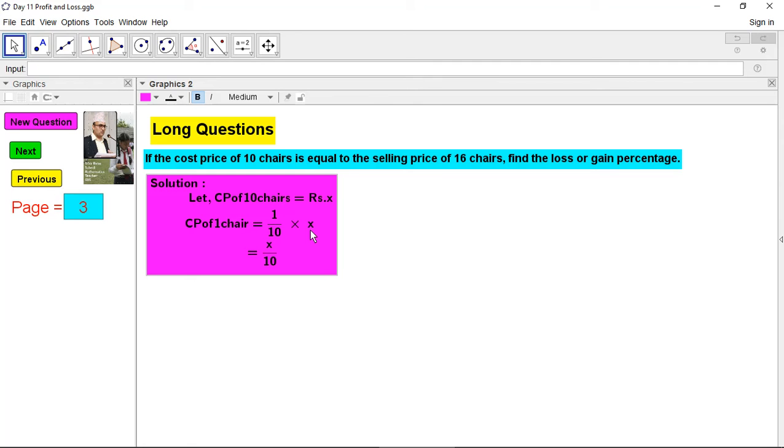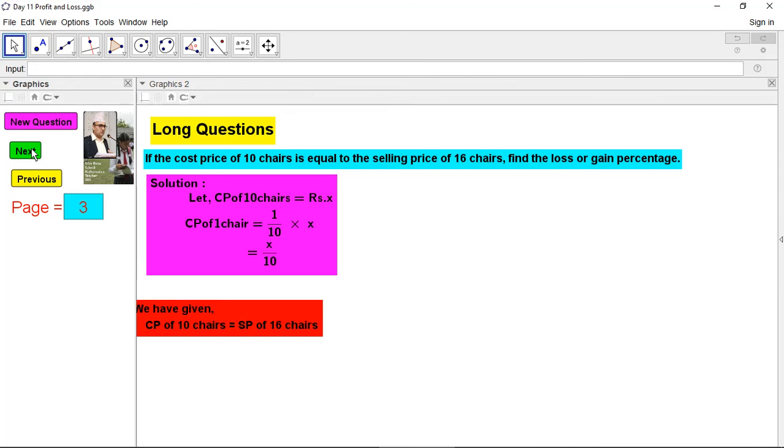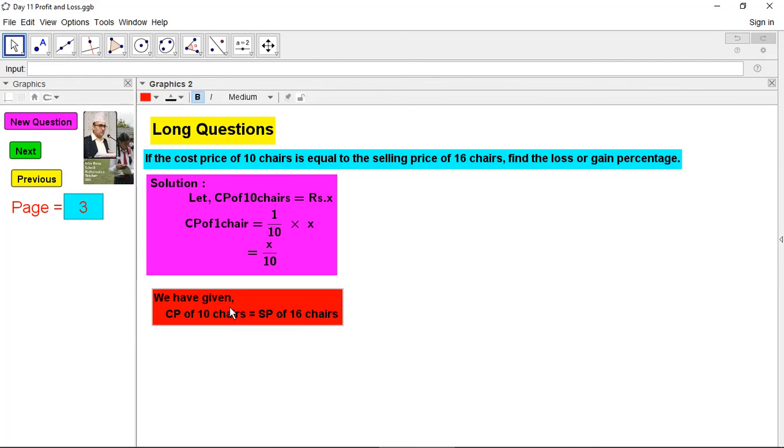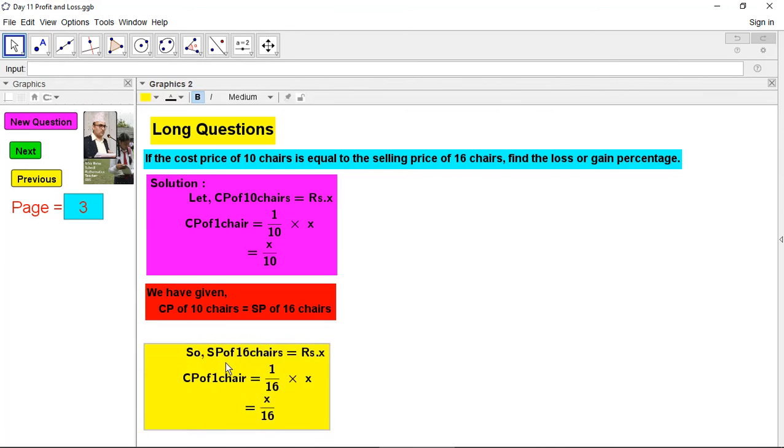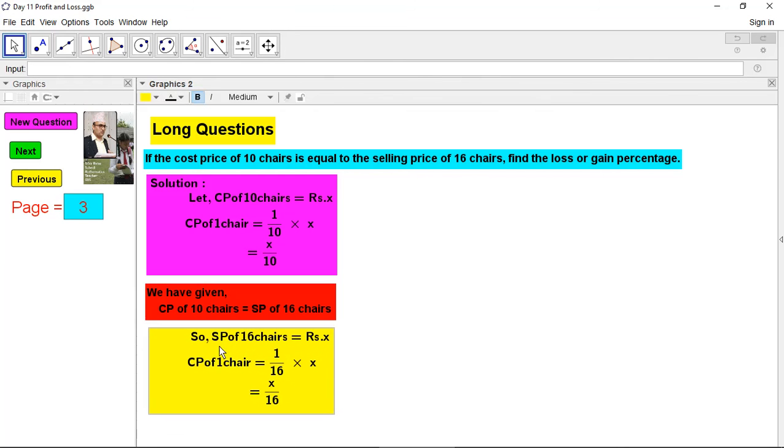Next step, we have given CP of 10 chairs equal to SP of 16 chairs, which is given in the question. So what can we do? Selling price of 16 chairs is also supposed to be x. Are you getting? Please respond.